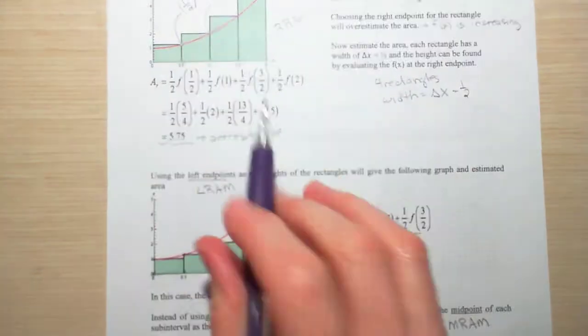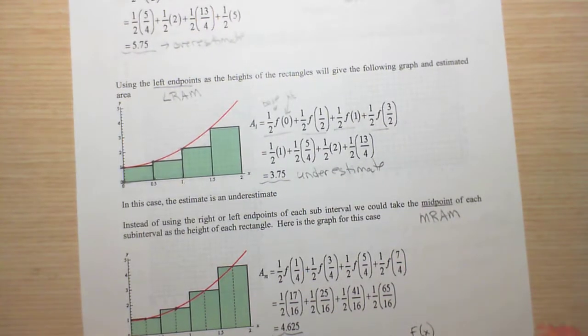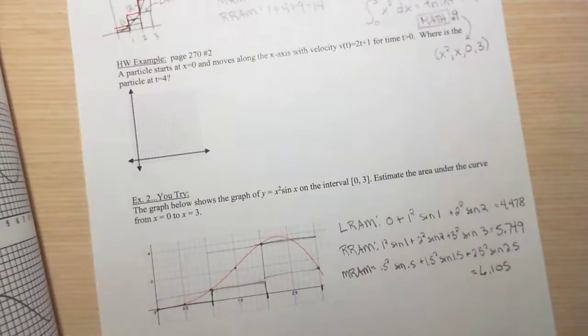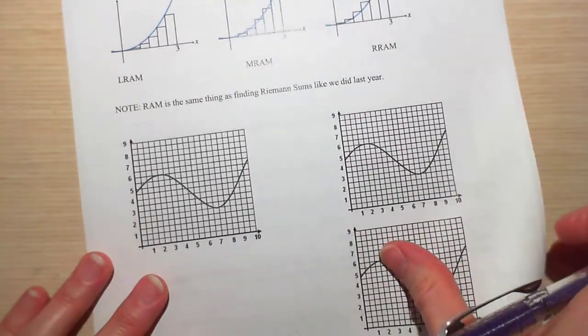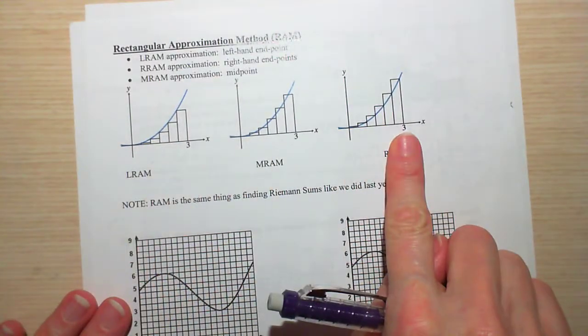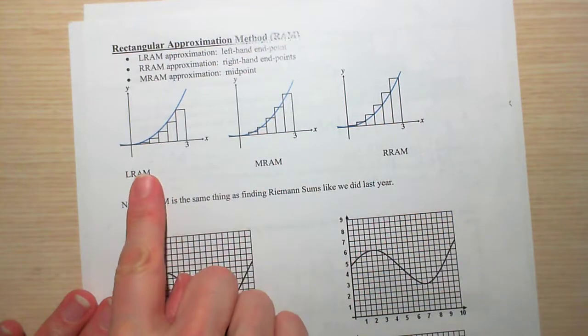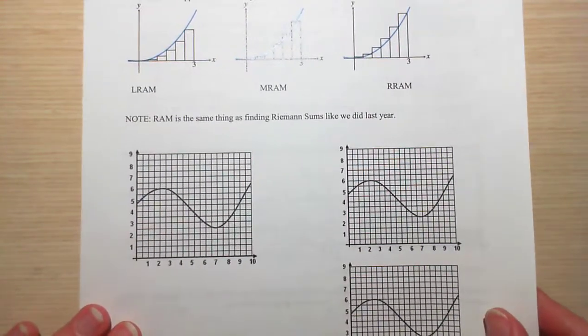And your RRAM will be an overestimate, so that'll be the largest area you get. Okay, so I just think that's a nice picture. The hardest part about this is drawing these darn rectangles. So here's just another picture of an increasing function of what these all look like. LRAM, MRAM, RRAM.